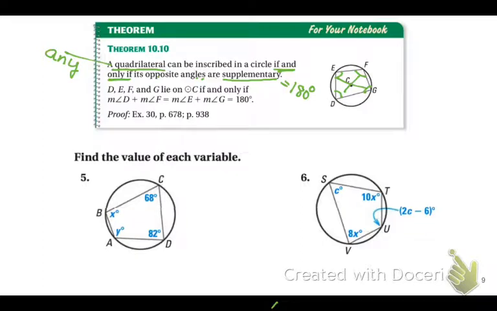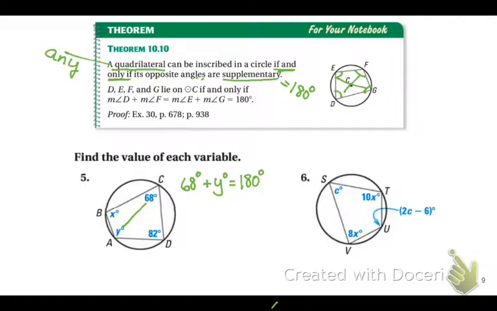Now you can imagine this turns out to be very handy. So let's look at number 5 below, and they want you to find X and Y. The first one: 68 degrees plus Y degrees is going to equal 180 degrees.